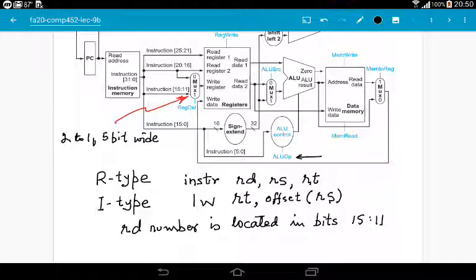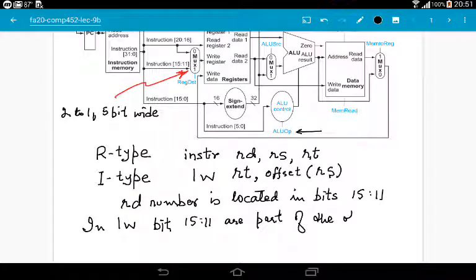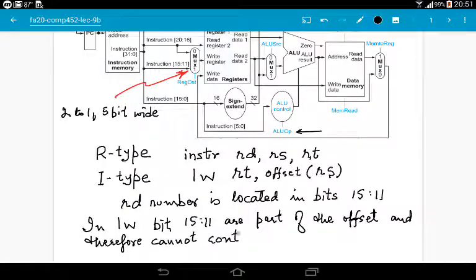But in I-type instructions, in load word and store word and other I-type instructions, bits 11 to 15 are part of the offset, and therefore cannot contain the destination register number.